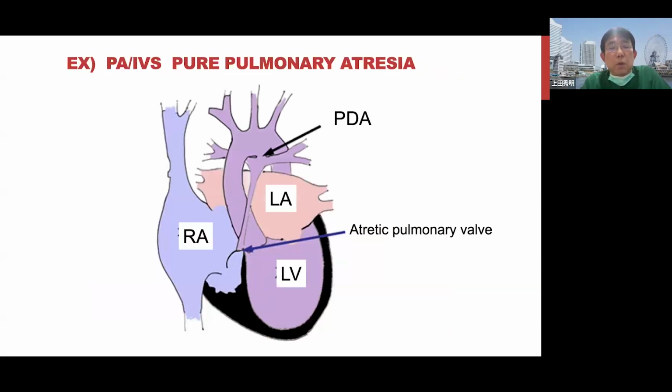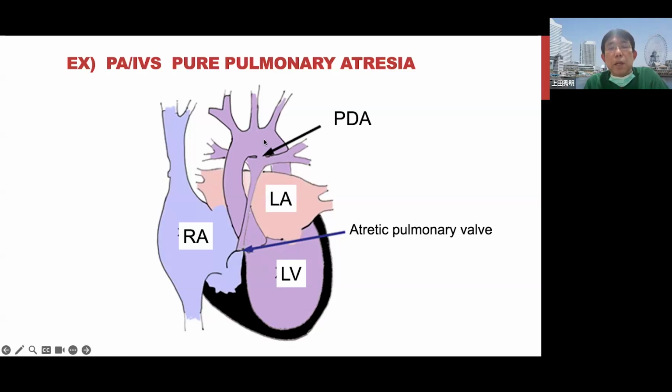So I would like to show one sample of this kind of case. This is PA with pure pulmonary stenosis. As you can see, the pulmonary valve is very stenotic, so it cannot supply adequate flow to the pulmonary arteries.